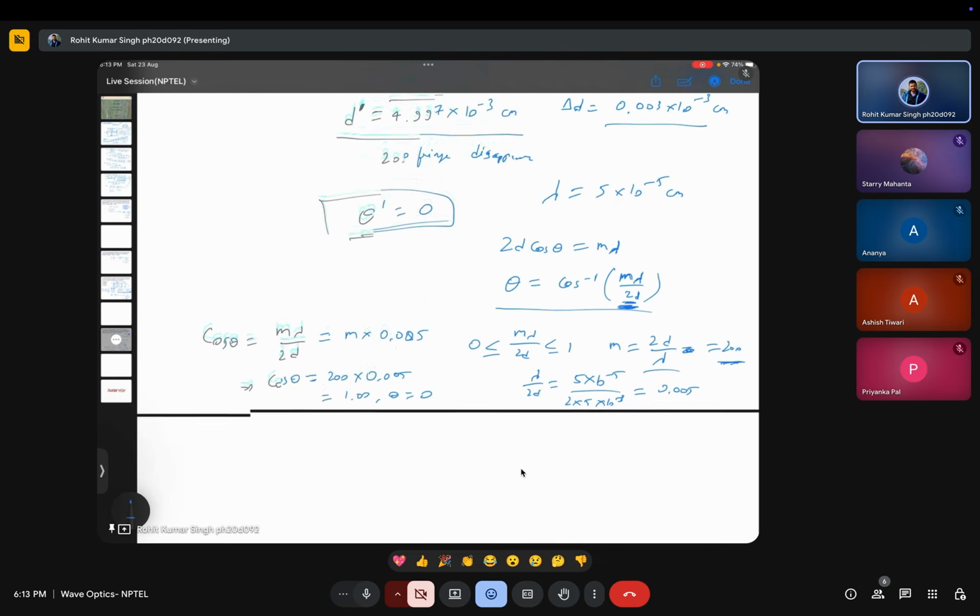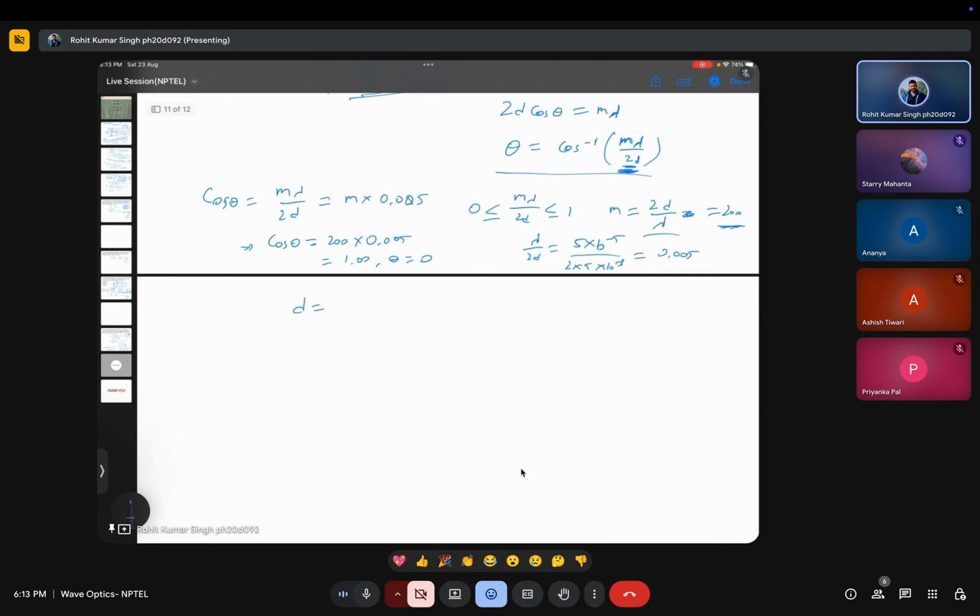Okay, now if we take d is equal to 4.997 into 10 to the power minus 3 centimeter, and you calculate lambda by 2d prime, 5 into 10 to the power minus 5 divided by 2 into 4.997 into 10 to the minus 3, let me use the calculator.